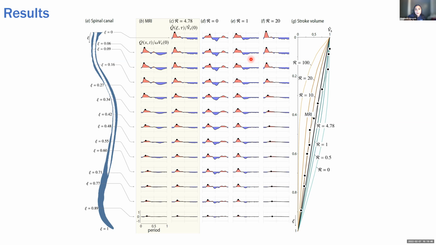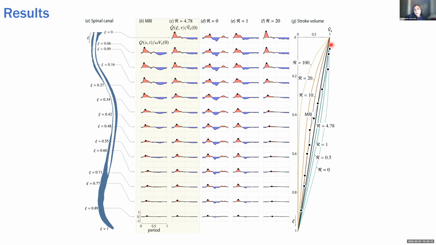And then over here on the right-hand side, we have the stroke volume, which corresponds to basically half of the absolute value of the flow rate integrated over the heart rate. And of course, it should be the largest at the top and then it should get to 0 at the end of the canal.